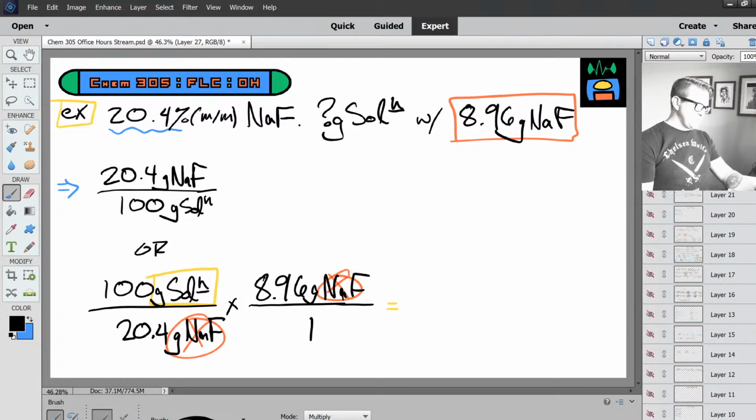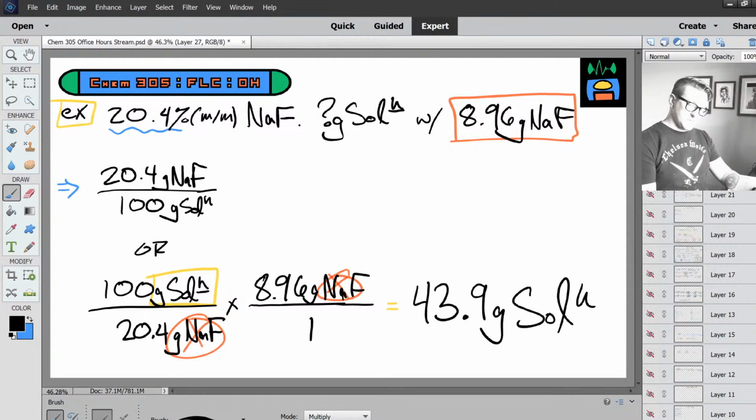So 100 divided by 20.4 times 8.96. We can keep 3 sig figs, so 8.96 grams of sodium fluoride will be contained in 43.9 grams of solution.